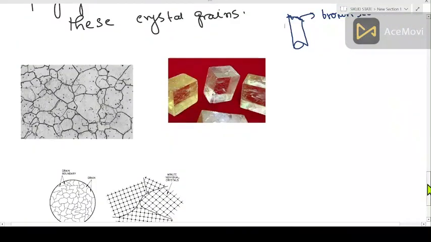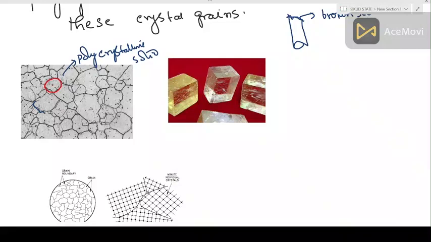This diagram further shows the polycrystal. This is a polycrystalline solid. These are the boundaries. Let me show it to you in a different ink. These are the boundaries. This is one particular aggregate where there are crystallites.